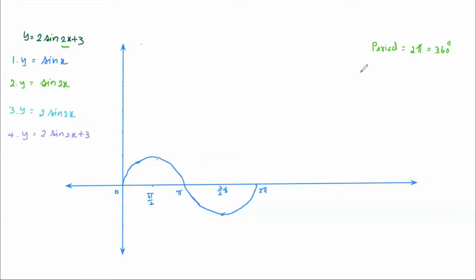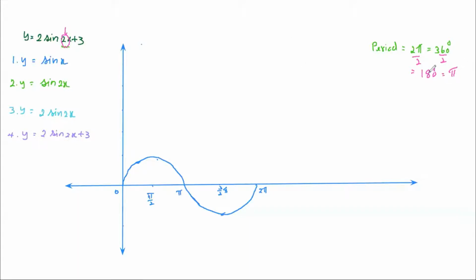Then you divide it by 2, because the number 2 here tells us. So we divide by 2 and we will have 180 degrees, or equal to 1 pi.